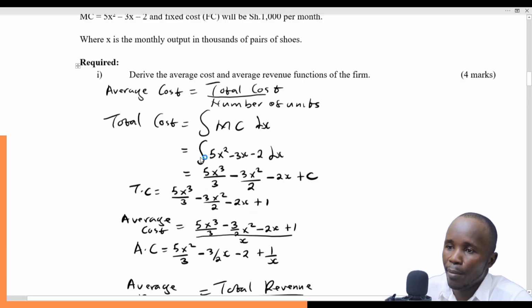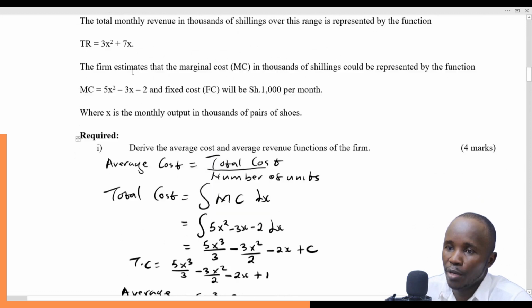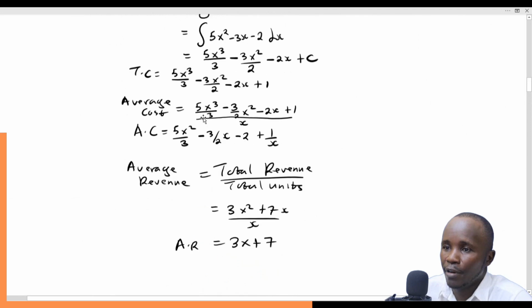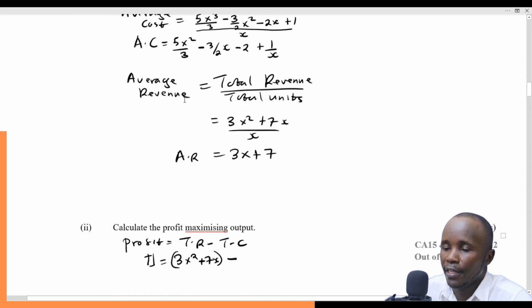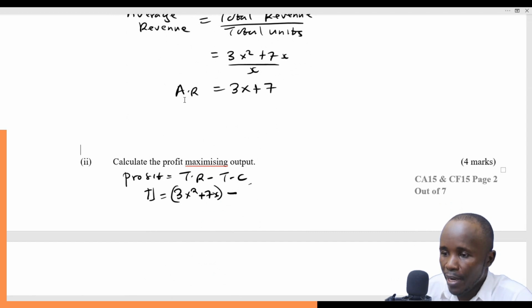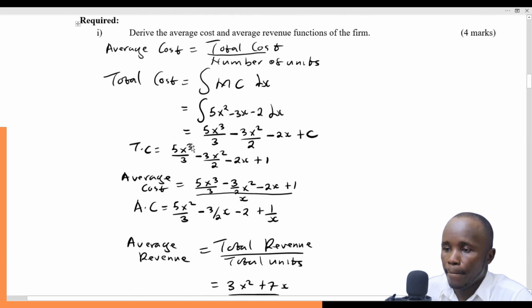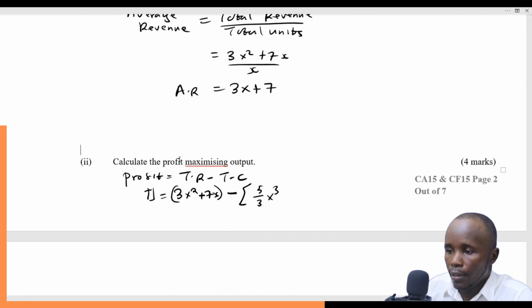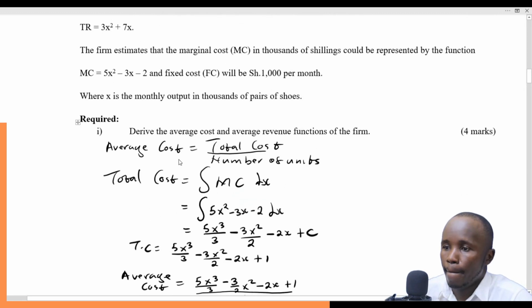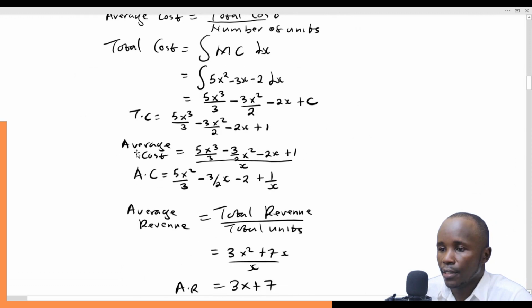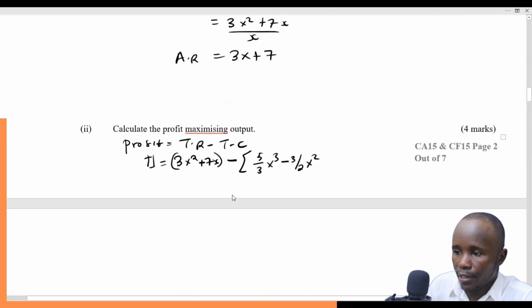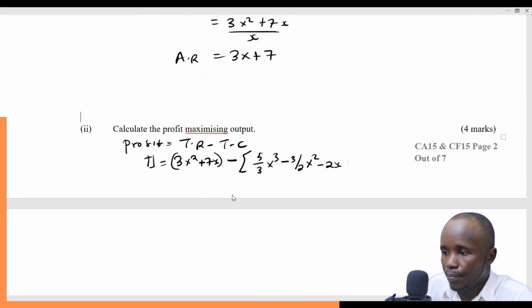The total cost we have found here: 5 over 3 x cubed minus 3 over 2 x squared minus 2x plus 1. Now this is our total cost function.